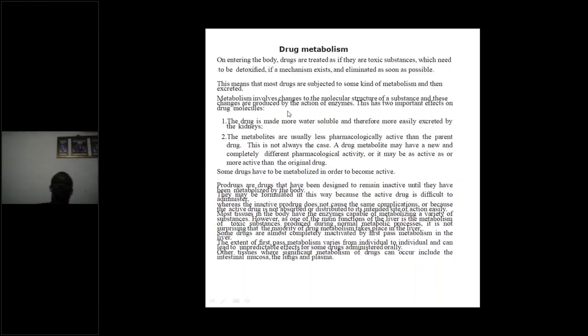So after the drug has been distributed, remember we started from the different channels of administration. After administration, we are looking at the blood, it goes through the GIT, or you are injecting it through the muscles, or you are injecting it directly into the vein, or any model you use.